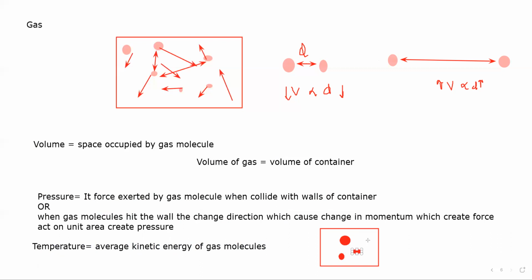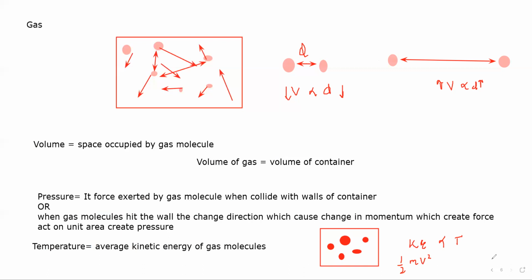So when we take the average of the energy of these gas molecules, we get the temperature. So we can also say the kinetic energy and temperature are directly proportional. The formula for kinetic energy is half mv square. But we do not substitute the velocity here.